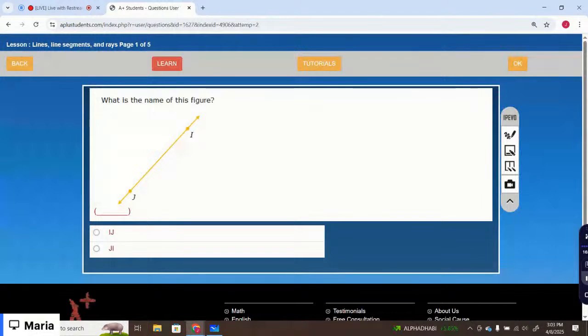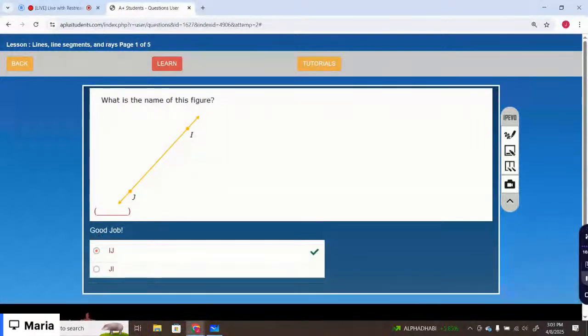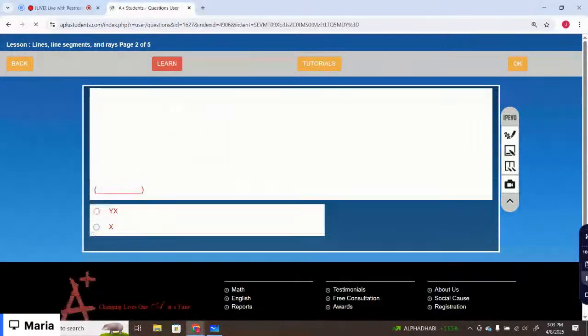What is the name of the figure? Is IJ, option number one is the correct option. What is the name of the figure?